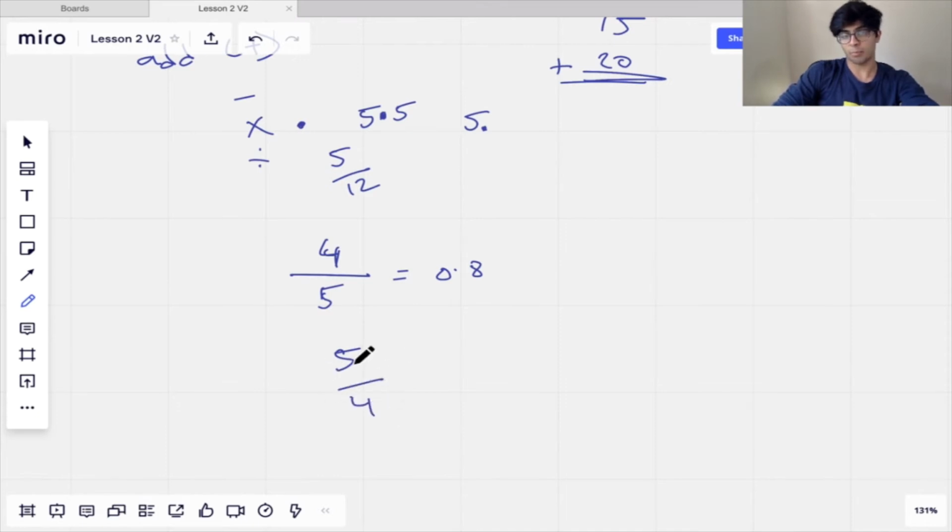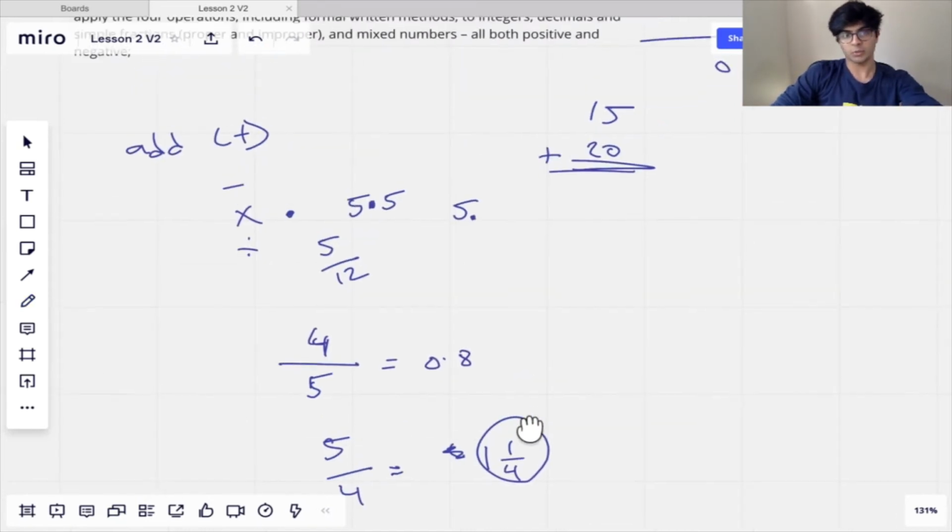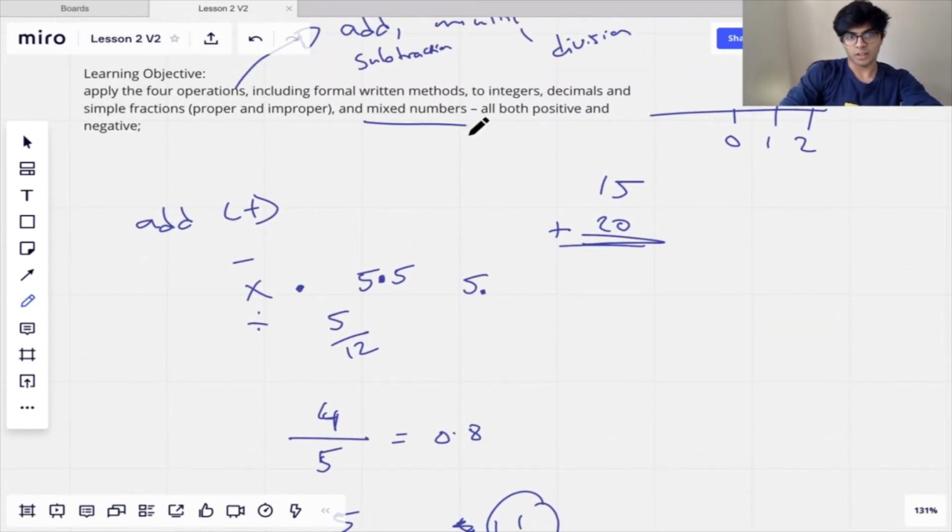This is improper because the number on the top is bigger than the number on the bottom. And you can actually write this as 1 1/4, right? So this is what makes it improper. These are mixed numbers, which is what this is talking about.